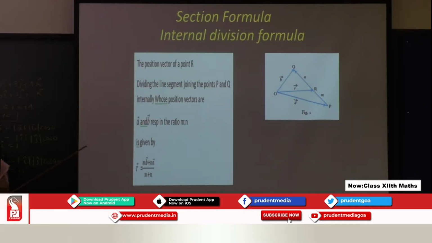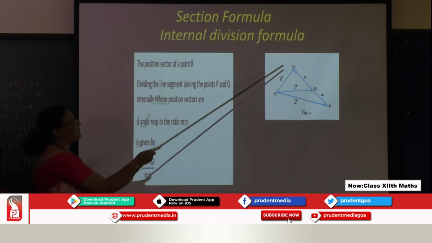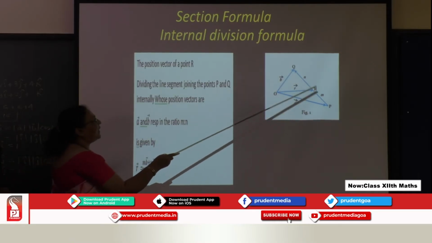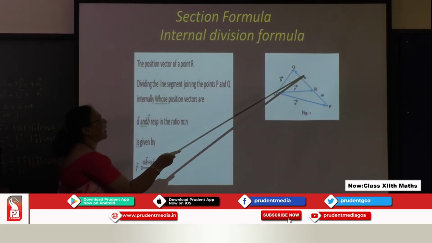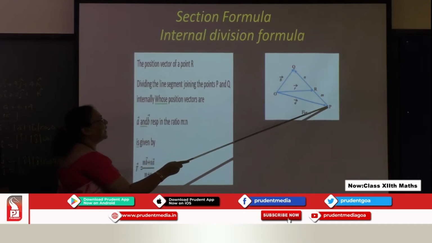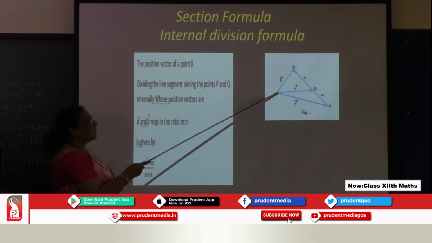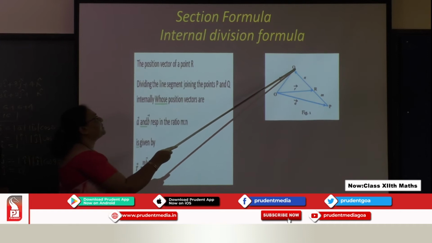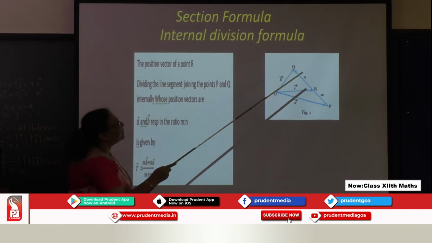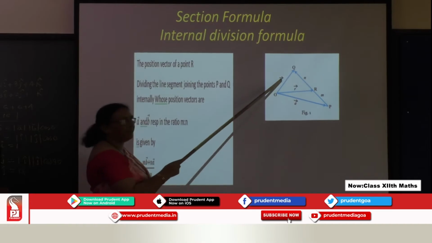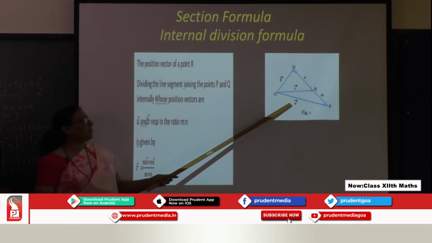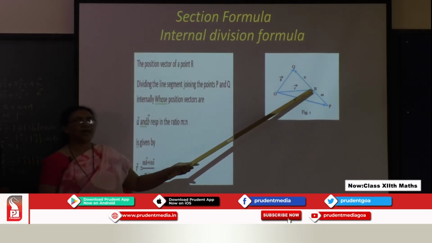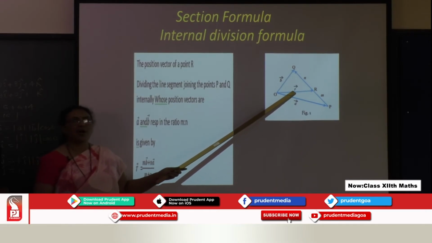Section formula. There are two formulas, the internal division formula and the external division formula. See here, this is a vector, and R divides this vector internally in the ratio m:n. O is the origin. The position vector of point P is a bar, the position vector of point Q is given by vector b bar, and the position vector of point R is given by small r bar.